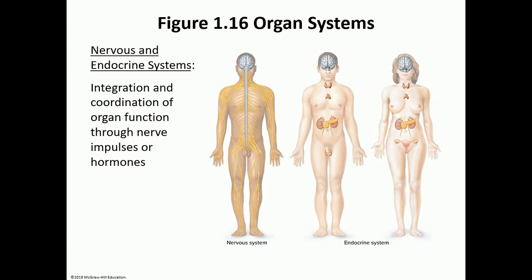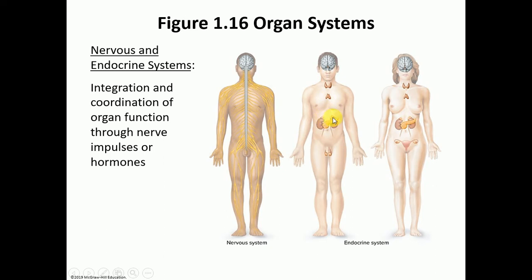Okay, so the nervous system is made out of the brain and spinal cord and nerves. While the endocrine system is made out of a whole bunch of endocrine glands. For example, the thyroid gland, thymus gland, suprarenal, which would be on top of the kidneys. The pancreas is part of the endocrine system as well.